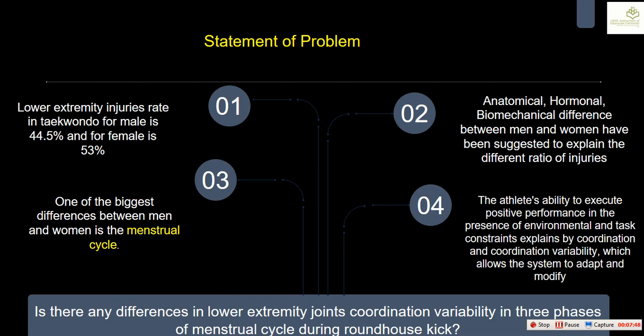One of the biggest differences, as I told, is the menstrual cycle, and because of this we wanted to examine the menstrual cycle effects on the biomechanics of the roundhouse kick. The question is: are there any differences in lower extremity joint coordination variability in these 3 phases of the menstrual cycle during roundhouse kicks?